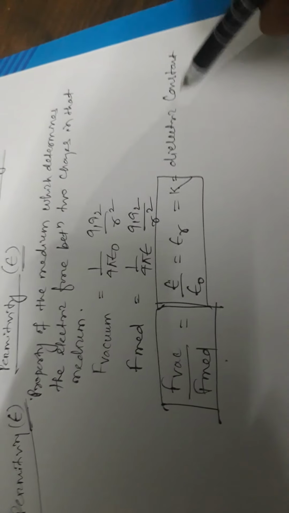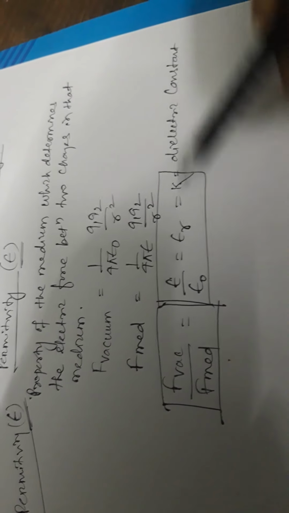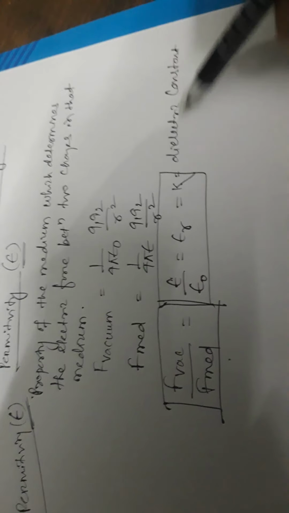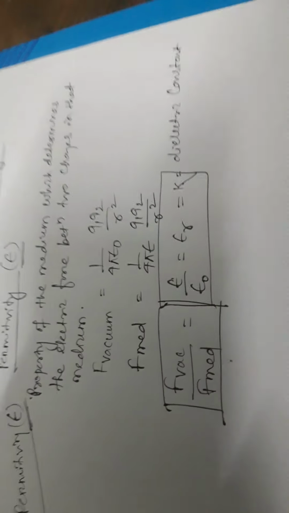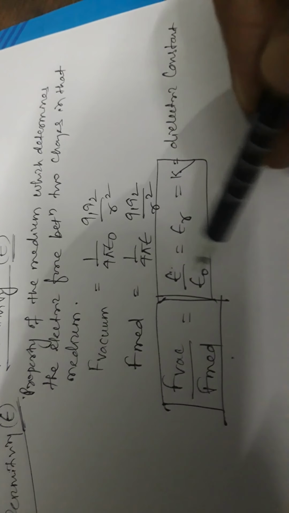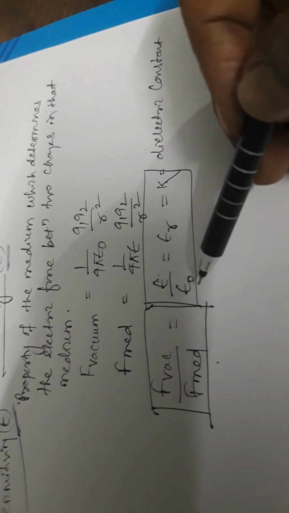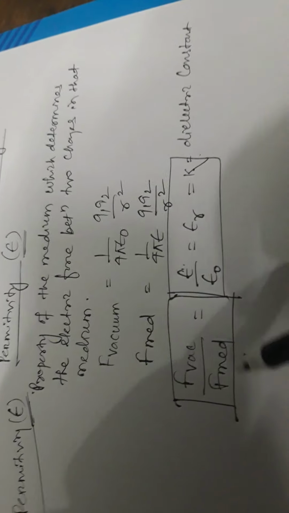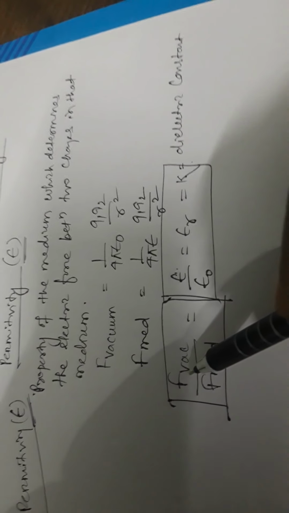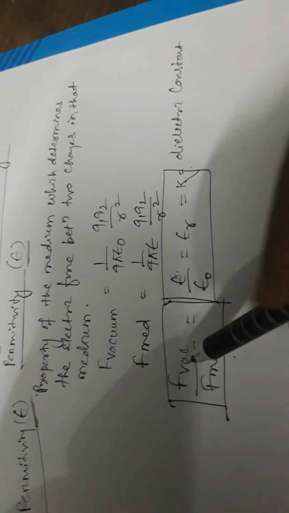The dielectric constant or relative permittivity of a medium is defined as the ratio between the permittivity of the medium and the permittivity of the vacuum or free space. In terms of the force, it is the force between the two charges placed in vacuum to the force between the same charges placed in that medium.